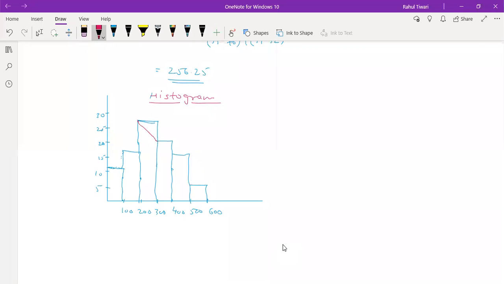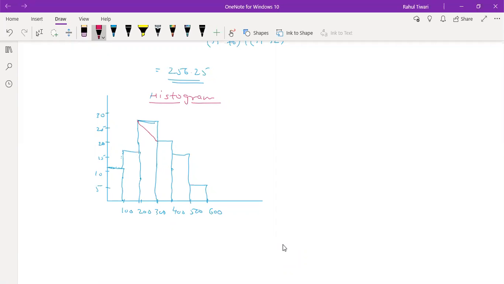The first step, simply you have to write down the step by own. So understand the step first of all. What you have to do, search for the modal class or search for the highest frequency. So this is the highest frequency. Now draw the left corner of highest frequency and join with the next left corner of frequency.